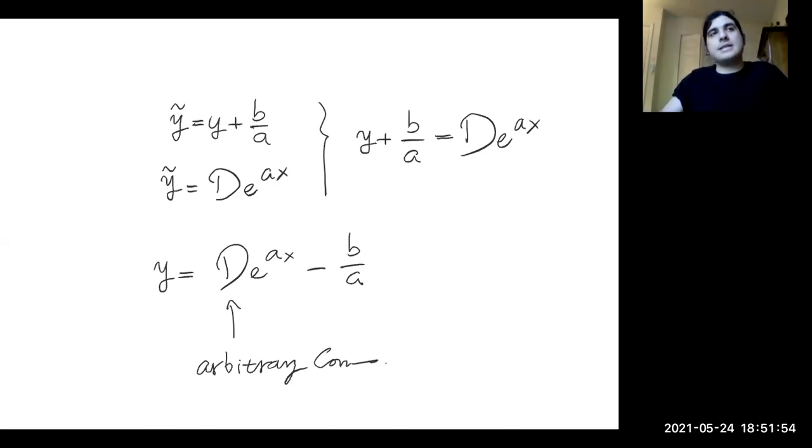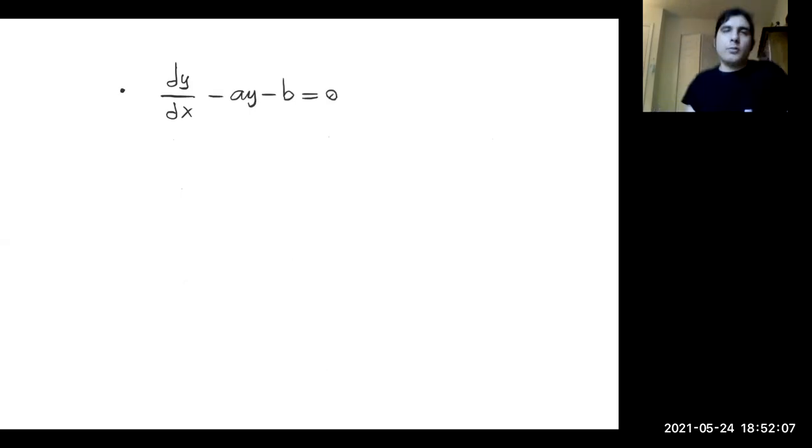So let's look at the same equation, dy over dx minus ay minus b equals 0. Now I want to write down a second way of solving this equation.